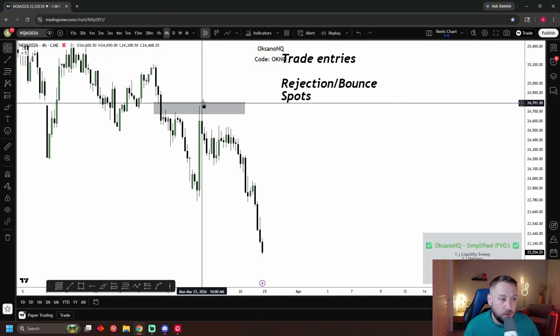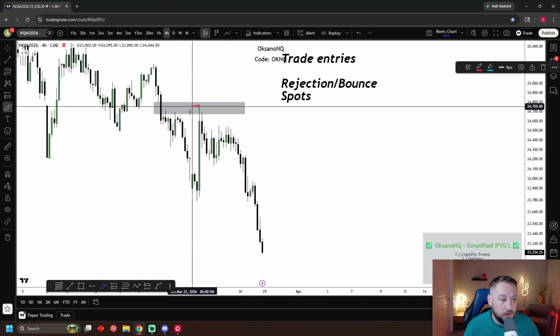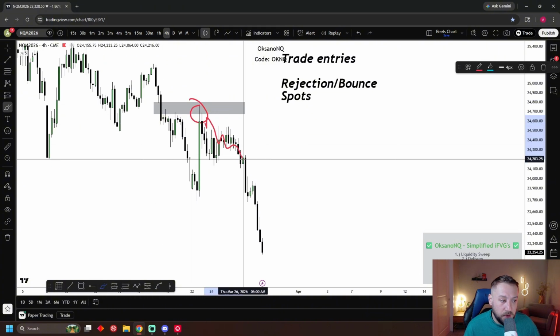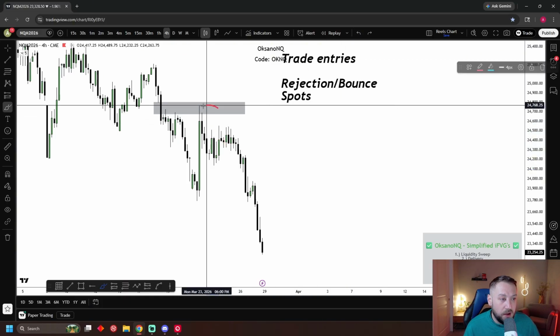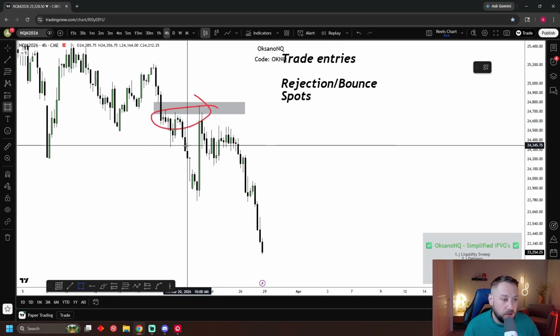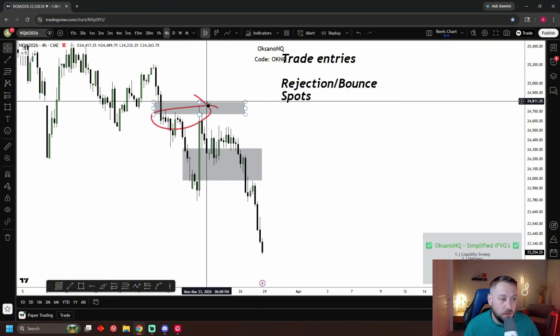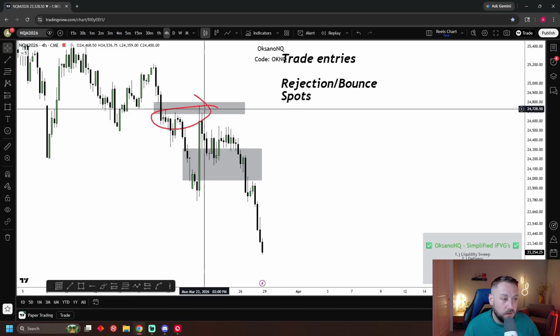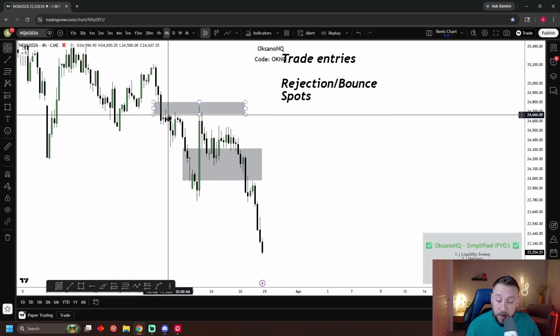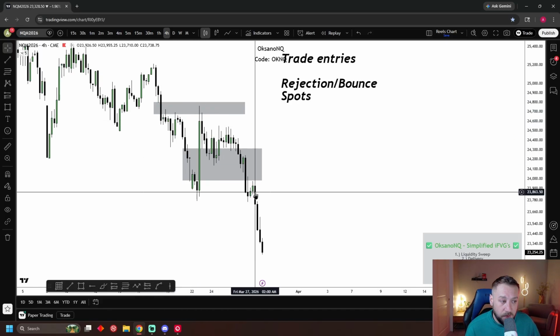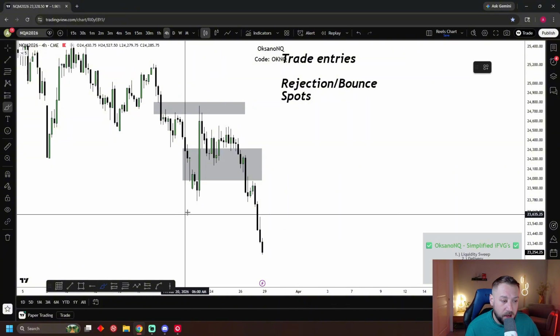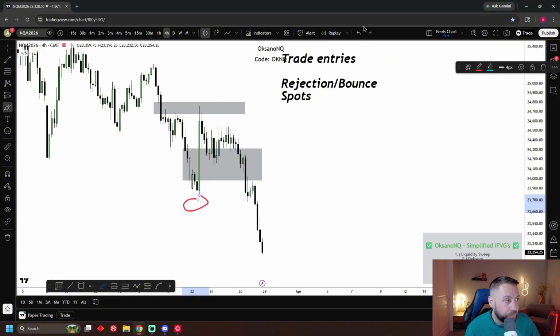But if this gap holds and we reject, then my bias will stay bearish. Now you have this gap holding, plus we also inverse this higher time frame gap as well. So now we have delivery. We have a bearish 1 hour gap holding, and we're inversing bullish gaps. So now my bias is bearish to the low.